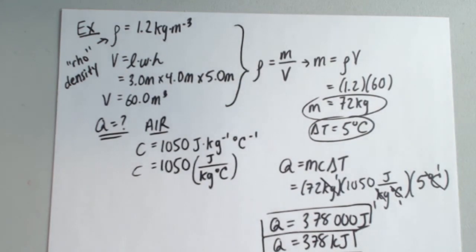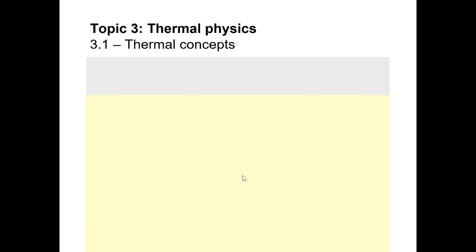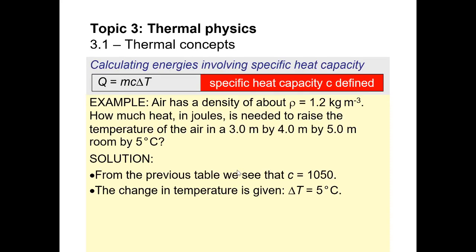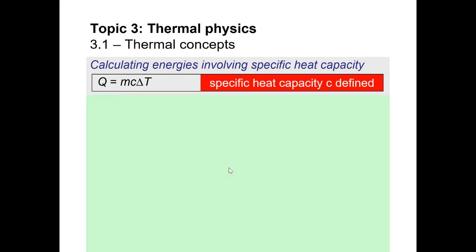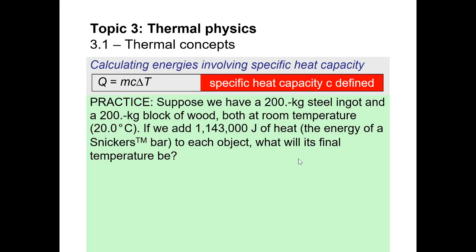Okay, back to the slides. All right, so we're not going to need this, or we might actually, but let's see what happens. Okay, next. Suppose we have a 200 kilogram steel ingot and a 200 kilogram block of wood, both at room temperature, 20 degrees Celsius. By the way, an ingot is like an oblong, elongated piece of metal, like steel.